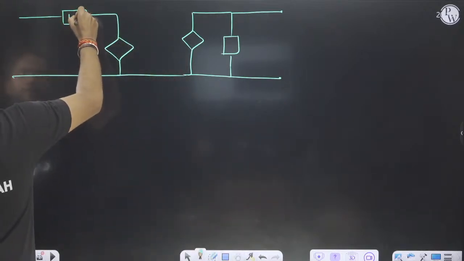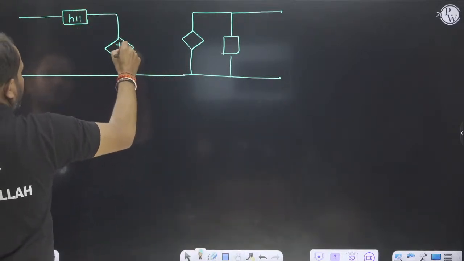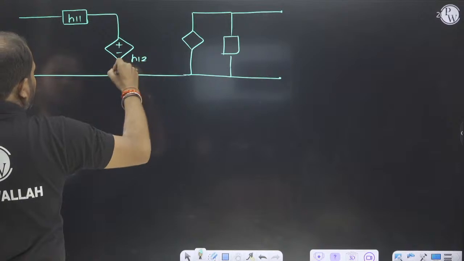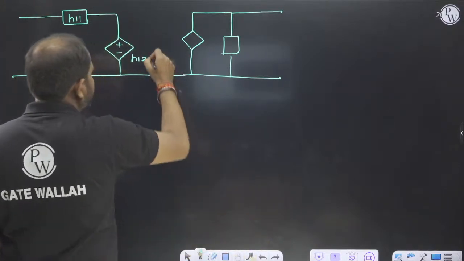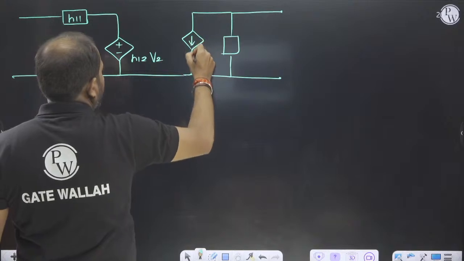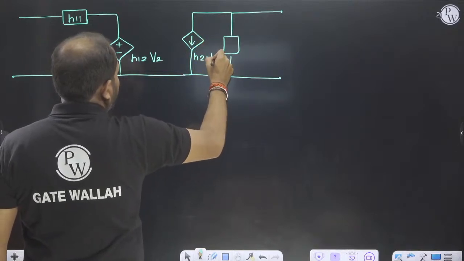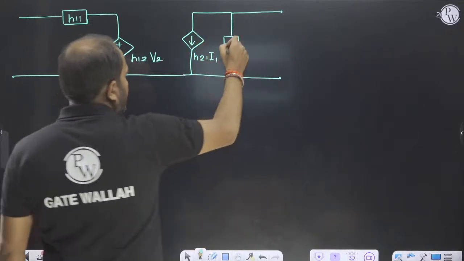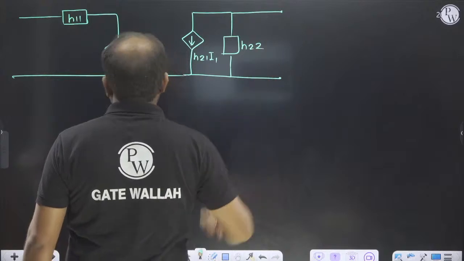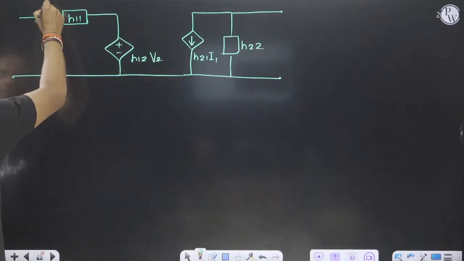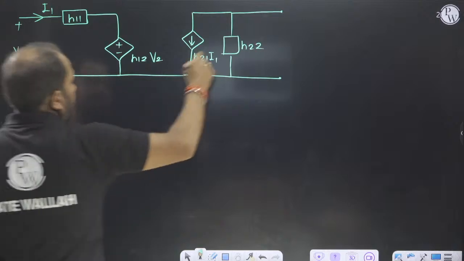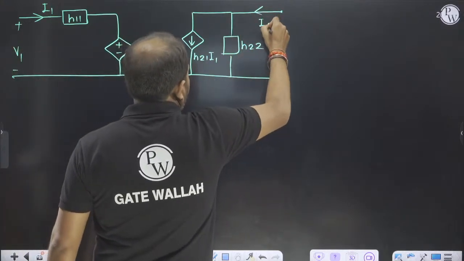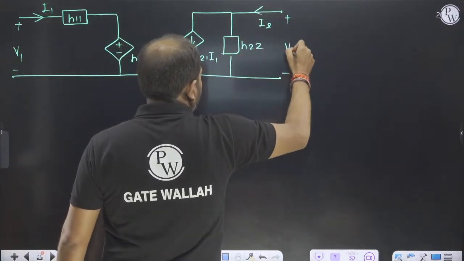This is our H11, this is our H12 and I2, V2, H21, I1 and H22. You know that this one is I1 and V1, this one is I2 and V2. Yes sir.